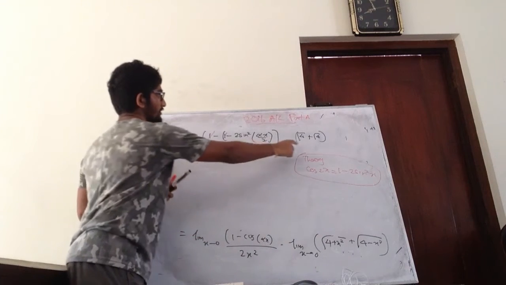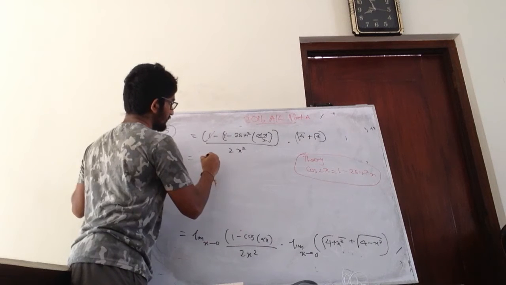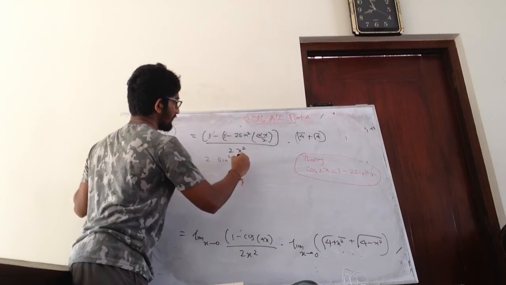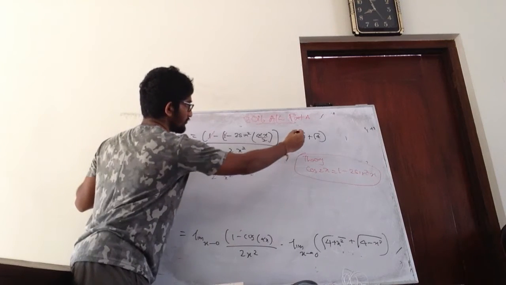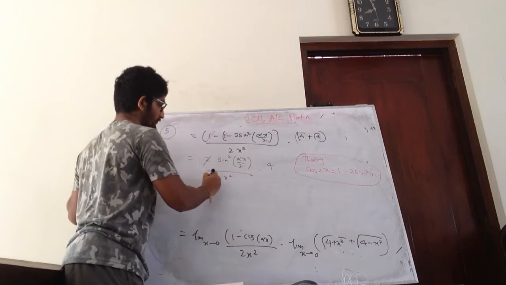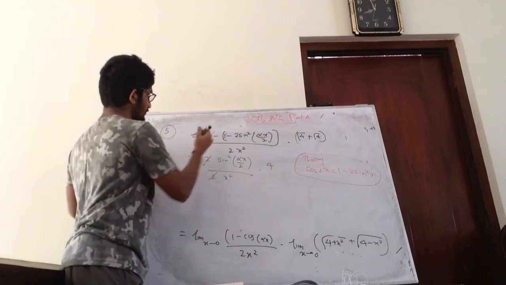Then I will get, so this 2 times 2 is 4. I will get here 2 sine square alpha x over 2, over 2x square. So here 2 plus 2 is going to be 4. I can cut these off. So the limit is here.